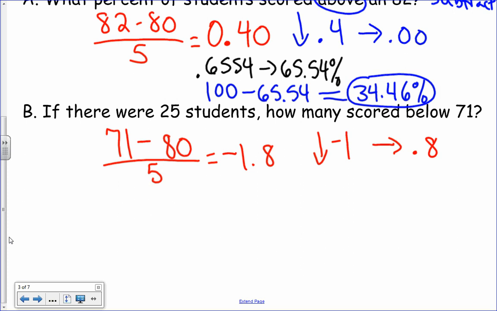Is it -1.8 or -1.08? Okay, that means we're going to go down to -1.8 and we're going to go right to 0.00.